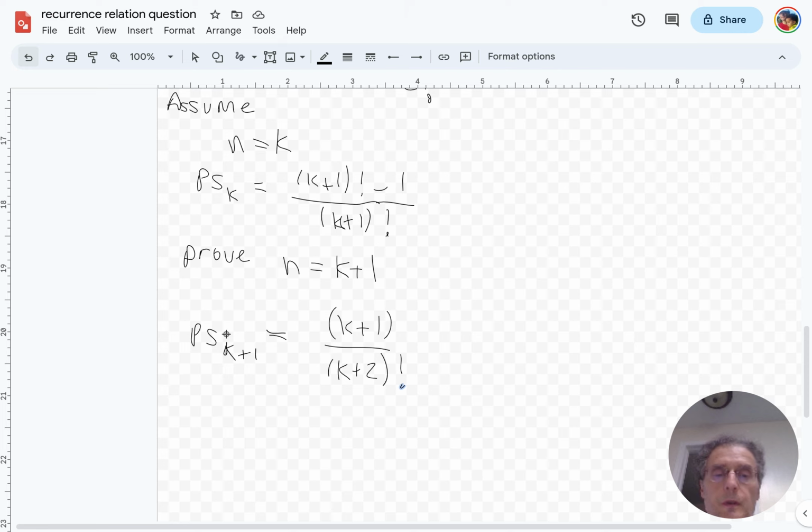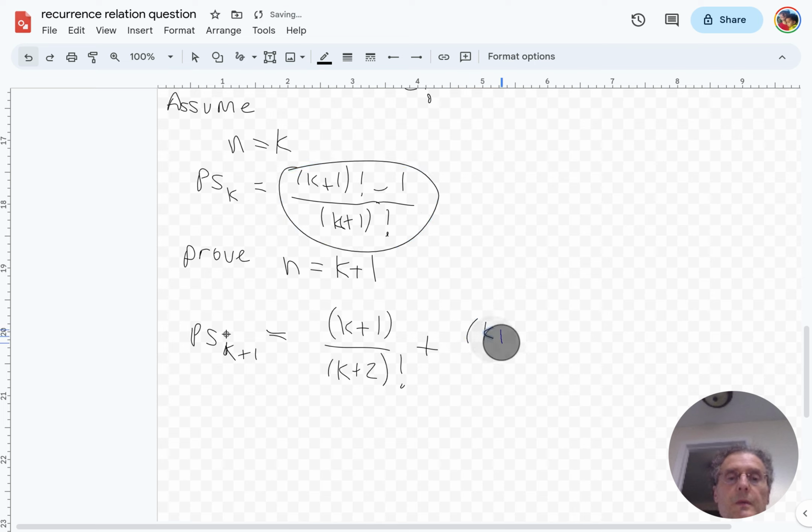And now what we'll do is we'll put in our partial sum at k, because this is the term at k plus 1 plus this here. So it's k plus 1 factorial minus 1 over k plus 1 factorial.